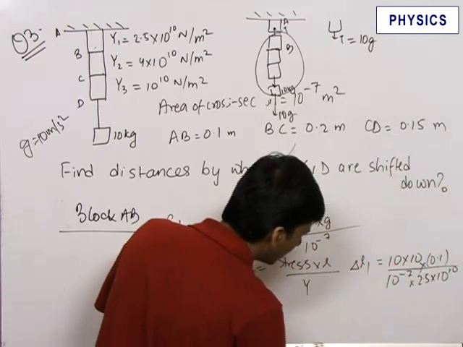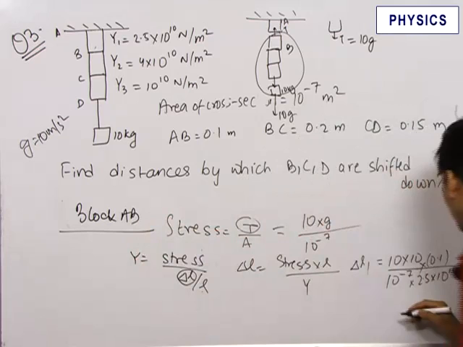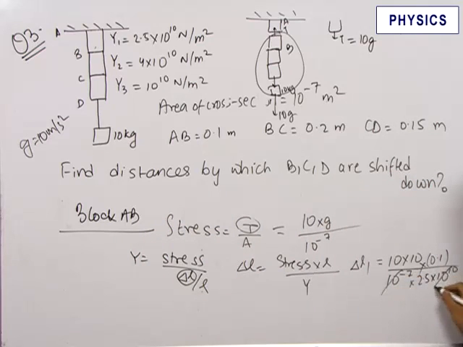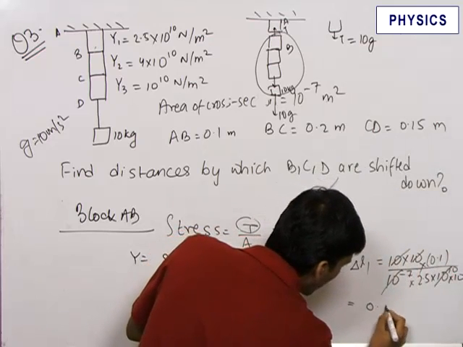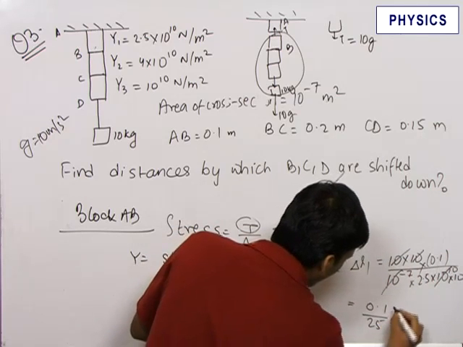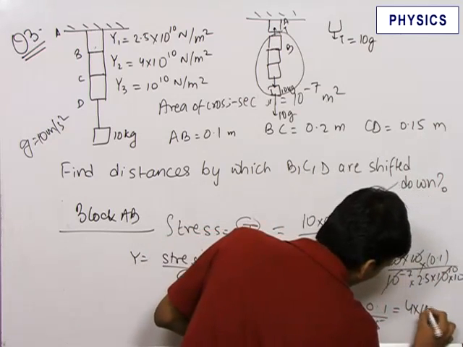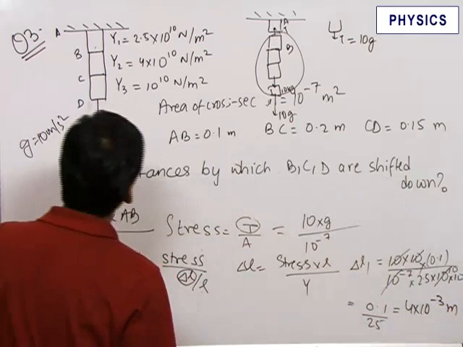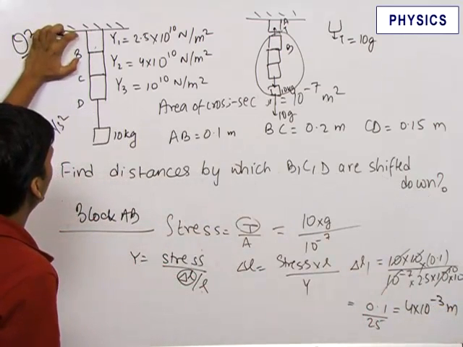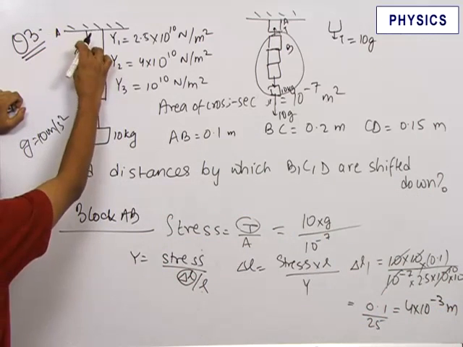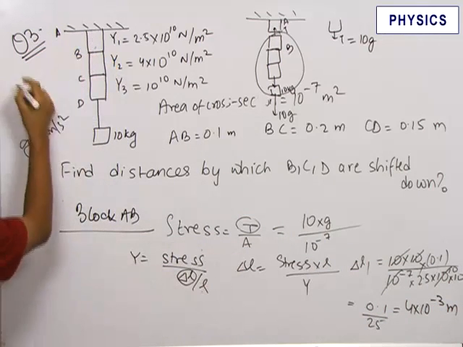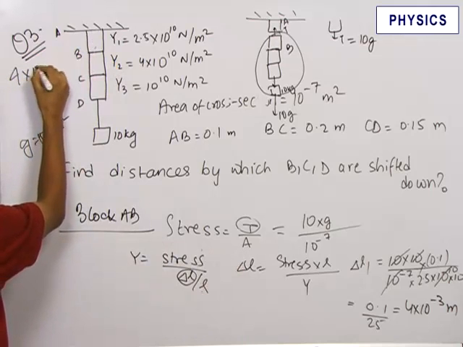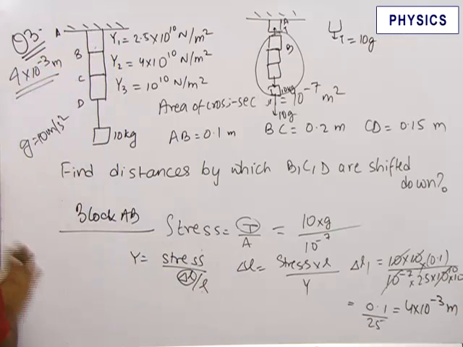This comes out to be 10 raised to 3 on this side, which gets cancelled from above to give a 10 here. This comes out to be 0.1 upon 25 meters, that is equal to 4 into 10 raised to minus 3 meters. So we know the extension of the first block. Therefore, the distance by which this point B shifts down is equal to 4 into 10 raised to minus 3 meters. So we get the answer for the first part as 4 into 10 raised to minus 3 meters.